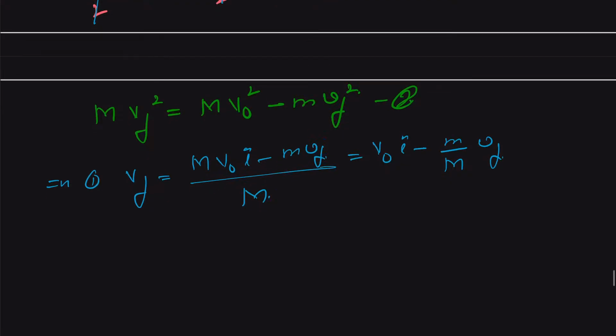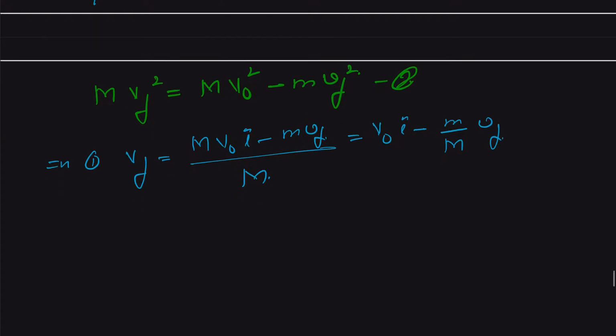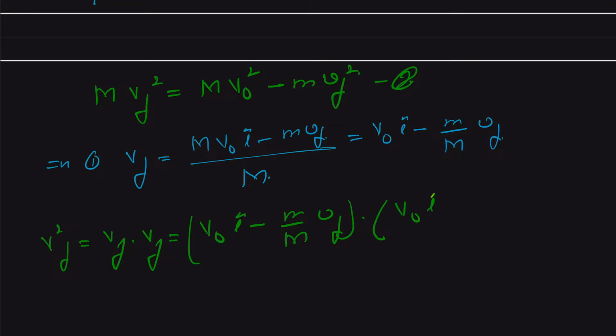Now we can write that v_f square can be written as v_f dot v_f, which is v naught i minus M upon m V_f dot v naught i minus M upon m V_f.